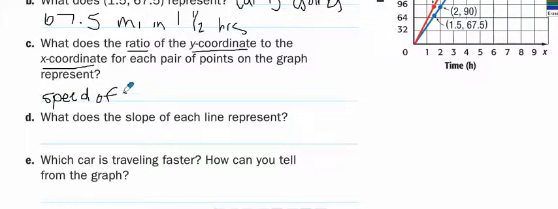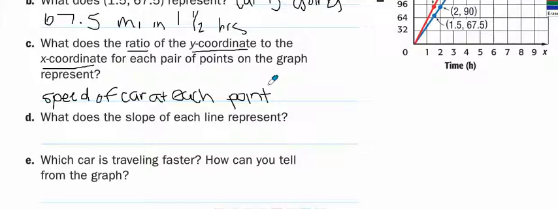So we'll say the speed of the car at each point. Part D says, what does the slope of each line represent?